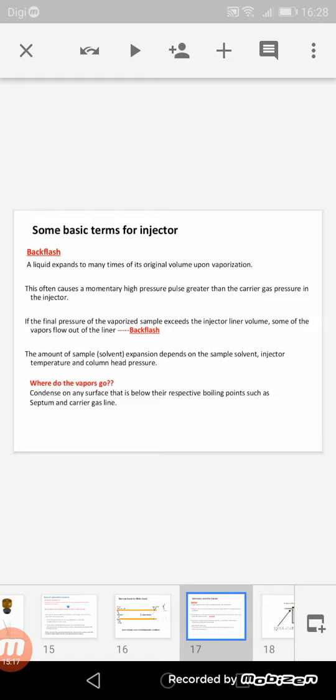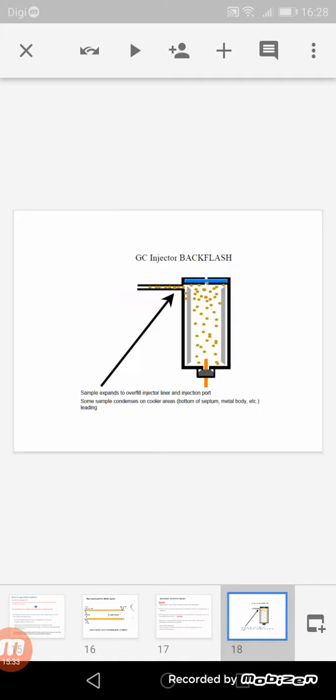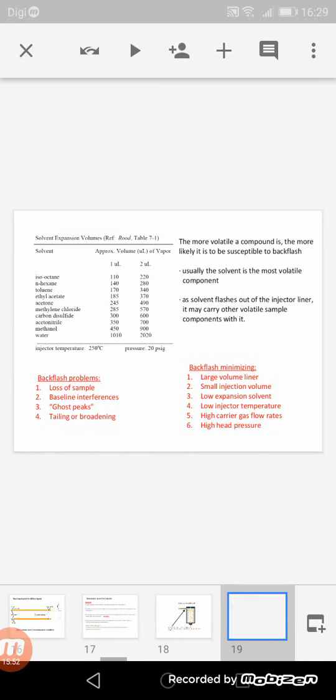So where do the vapors go? They condense on any surface that is below their respective boiling point, such as the septum and carrier gas line. This is an example of the process of GC injector backflush. Samples expand to overfill the injector liner and the injector port, and some sample condenses on the cooler areas: the bottom of the septum, metal body, and lines. These are examples of solvent expansion volume.